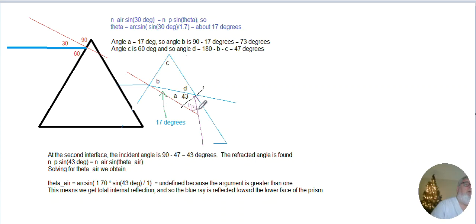This ray is going to head down in this direction, and then we're going to have a refraction into the air from the bottom face.